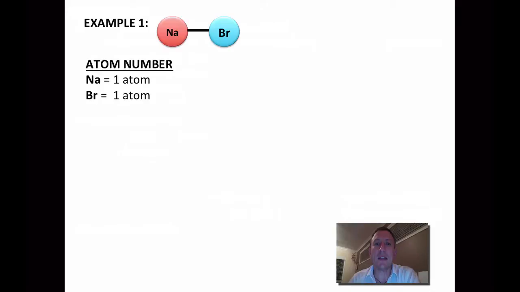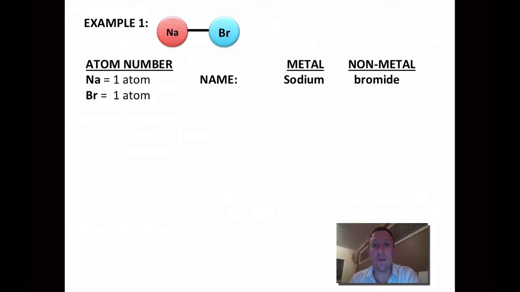So when we're naming this, we put the metal first, sodium, followed by the non-metal, bromide, again remembering that bromine has to change to bromide. Now the formula just mirrors what we've written. Where we write sodium, we write the symbol Na. Where we've written bromide, we write the symbol Br.